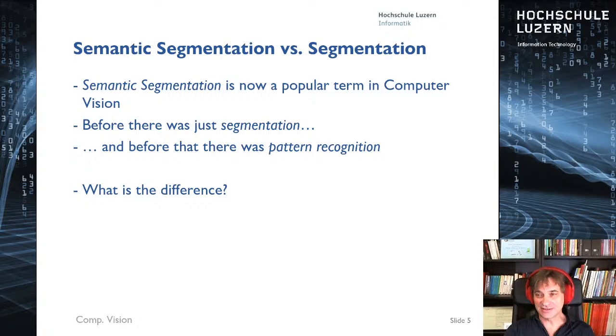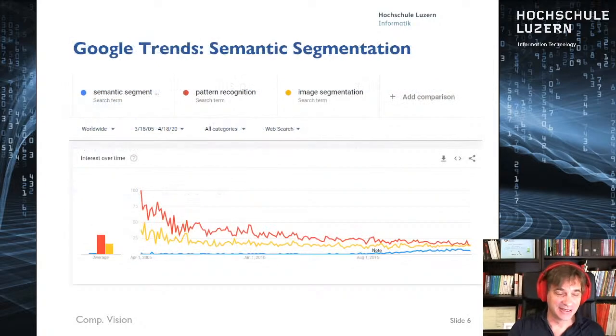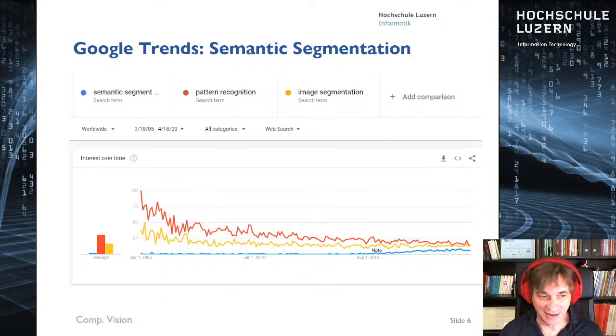Now, semantic segmentation is quite a popular term in computer vision, but it doesn't exist for that long. Before, we had something called segmentation, and even before that, in the beginning times of computer vision, we had something called pattern recognition. So what is actually the difference between the terms? I checked quickly on Google how these terms have been used.